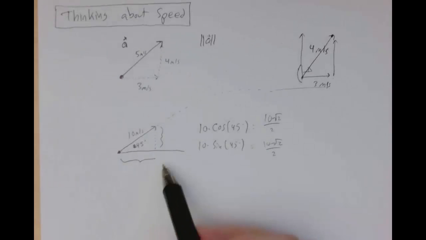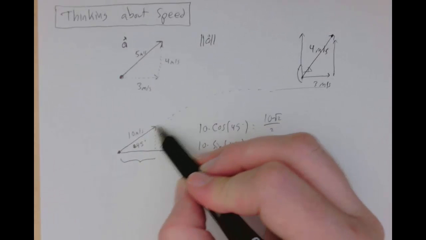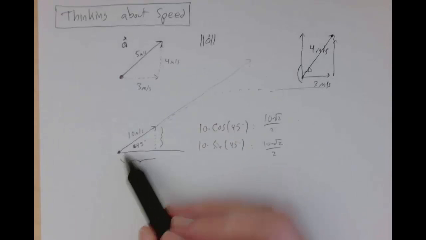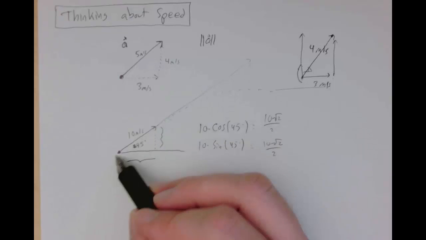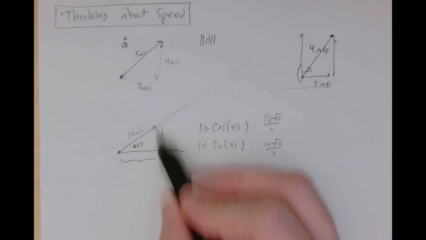And if we're in outer space where there is no gravity, then it's just going to keep going this way forever. If we're in an environment with gravity, then it's going to make a kind of parabolic trajectory. But the parabolic trajectory is just the vertical component changing.